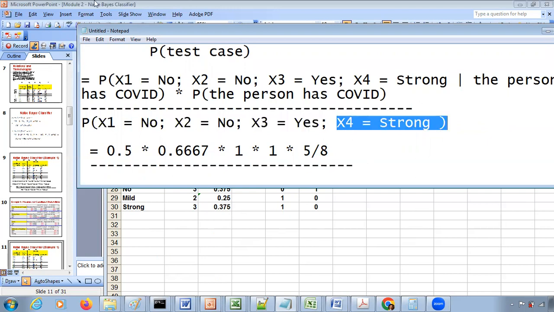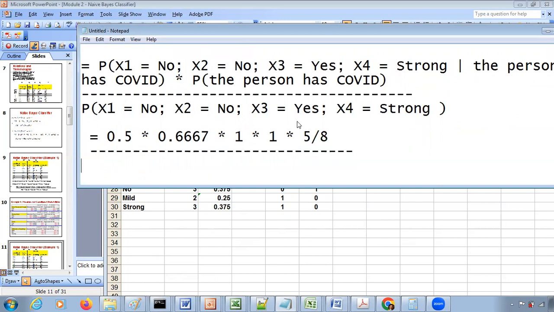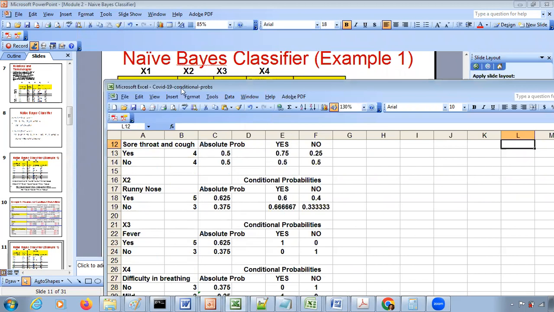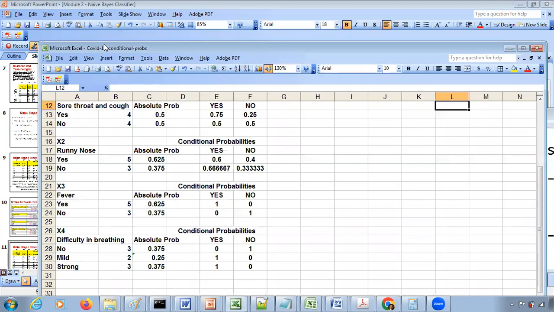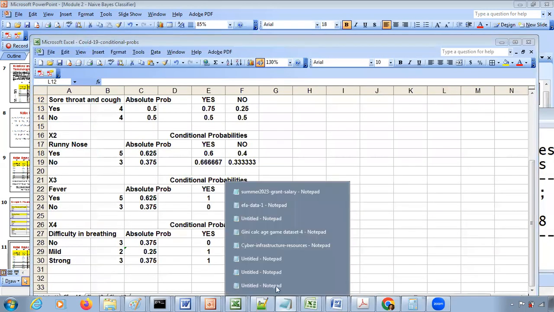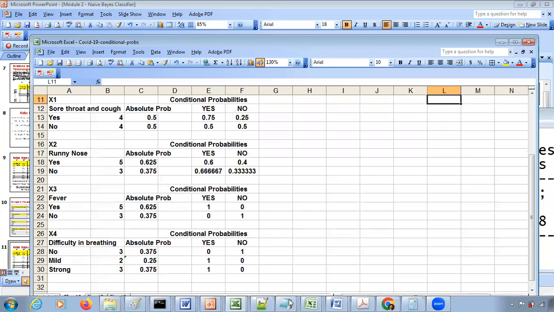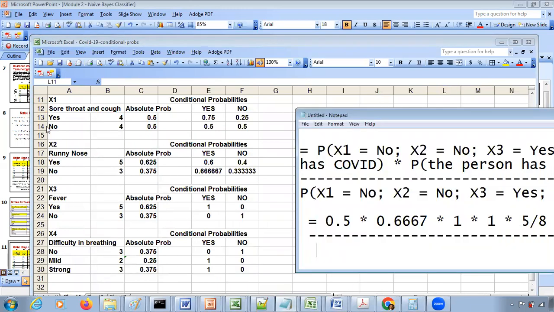So we're going back to our tables. The tables are like our model here, and you're going to pick up the probability values from the table appropriately. So x1 equals no. x1 is our sore throat, and for the no case, 0.5 is the absolute probability.